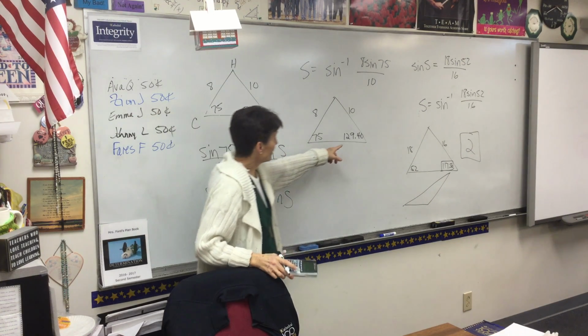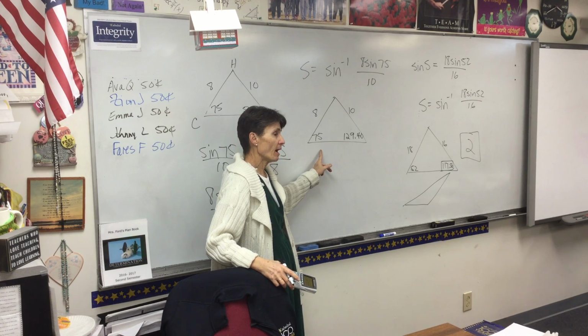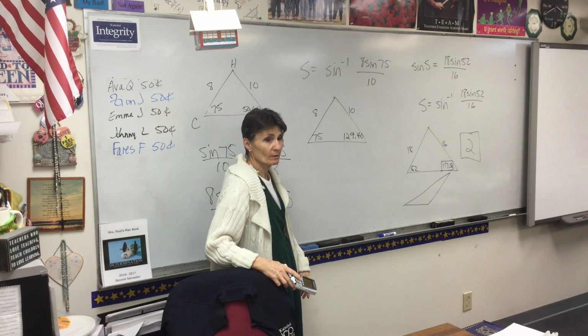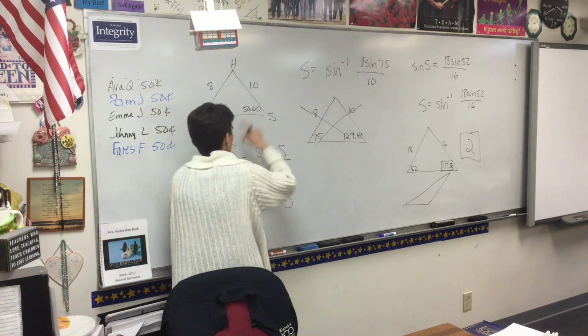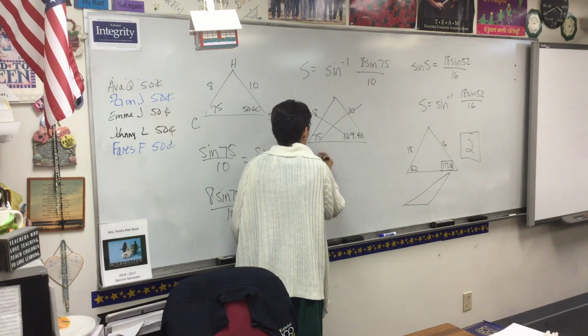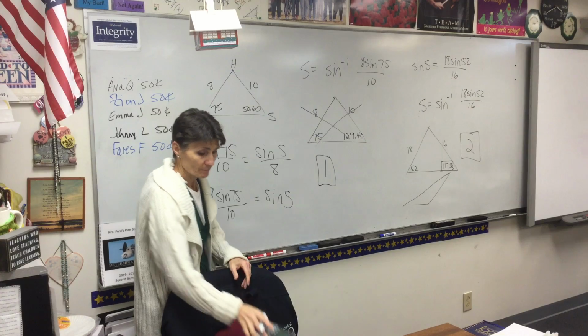Now, can you have 129 and a 75 in the same triangle? No. So that one didn't check out. So this problem has one triangle possible.